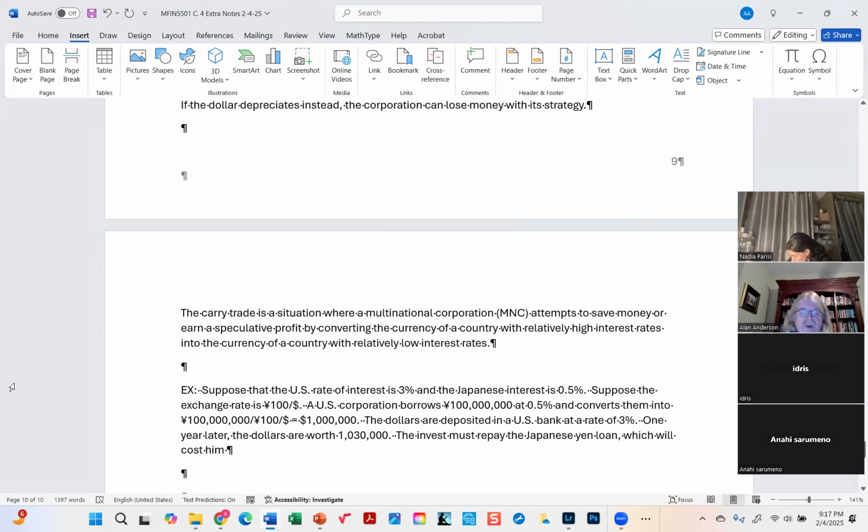So we actually borrowed 100 million yen, and we pay an interest rate of 0.5%, which is 0.005 plus one, the principal. So we're multiplying 100 million times 1.005. That's going to be 100,500,000 yen.